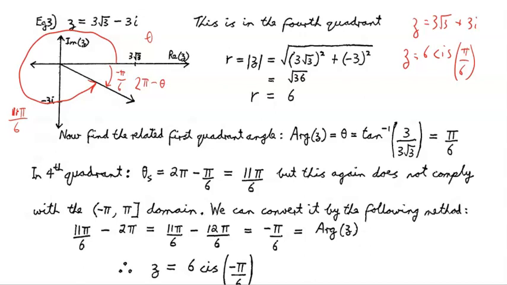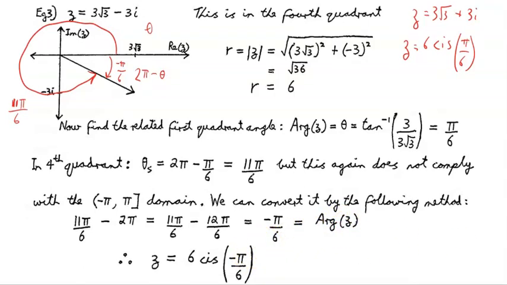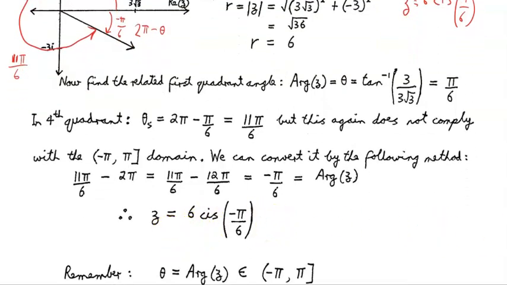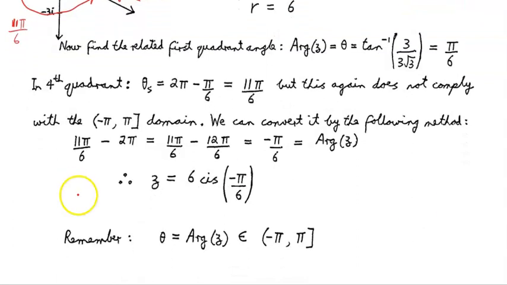So we converted by the following method: 11 pi on 6 minus 2 pi gives you minus pi on 6. So we put minus pi on 6 into the region there. Therefore, our principal argument is minus pi on 6, and we write Z as 6 cis minus pi on 6.